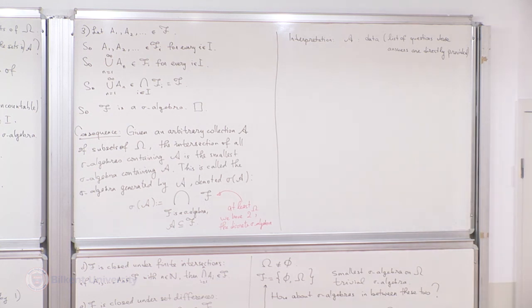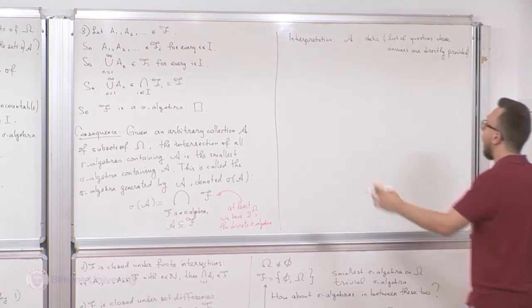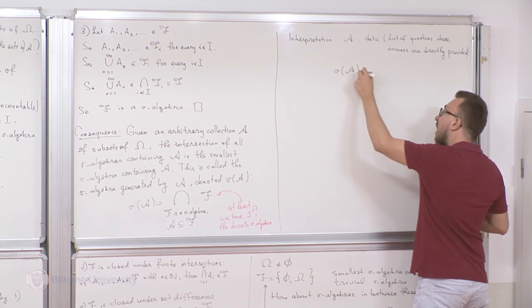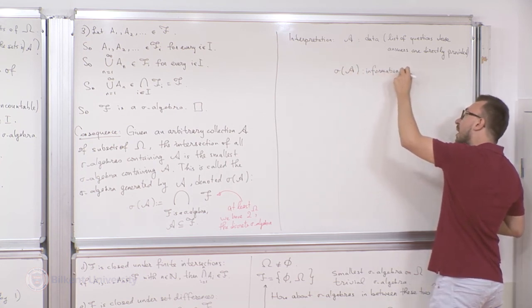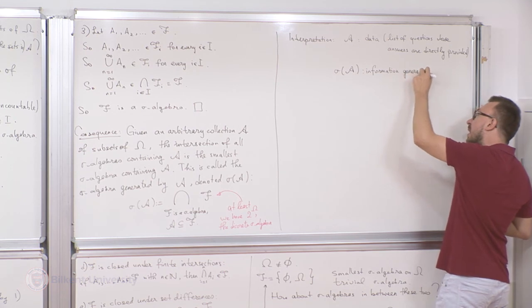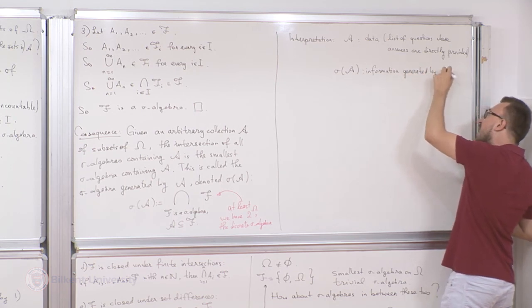And then you can answer apparently a lot more than the questions in A. And these are the questions in sigma A. Information generated by the data.